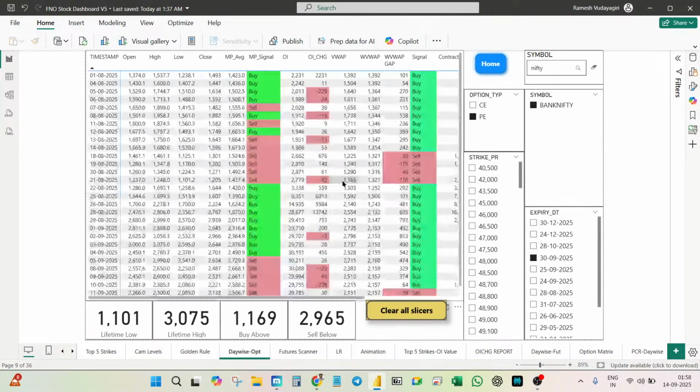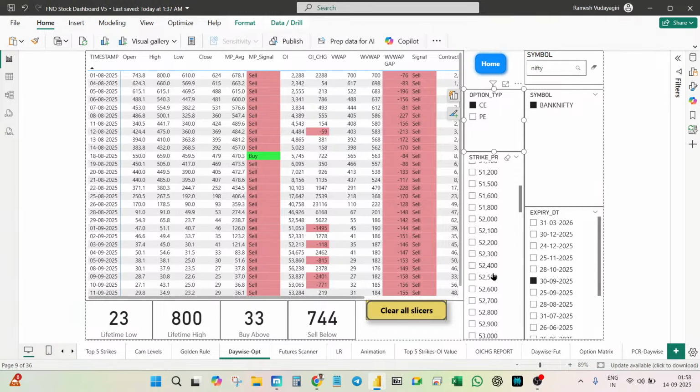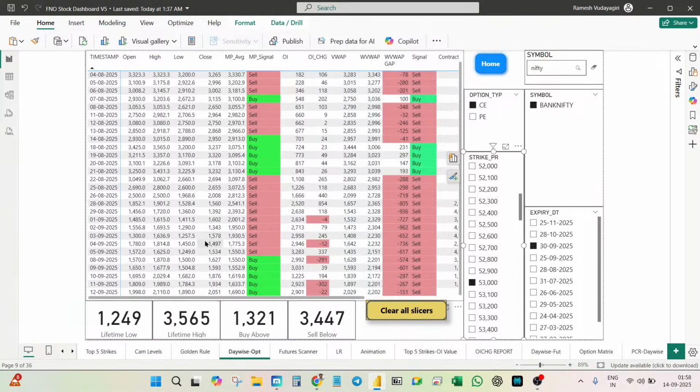Already we have reached: when I posted in the Telegram channel it was around 1,200, and now it has touched 2,100, almost an 800 to 900 point rally in the 53,000 call option. Another 1,000-point rally is possible in this call option. So that is the logic behind it.